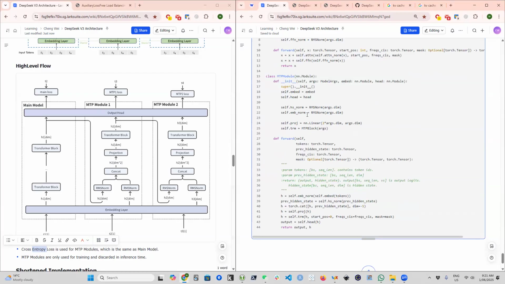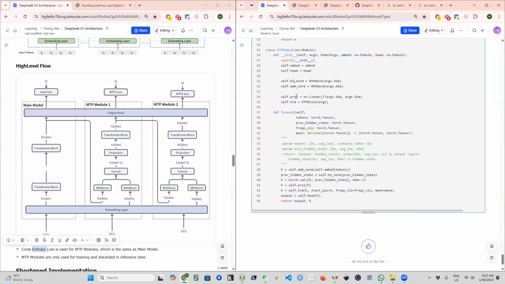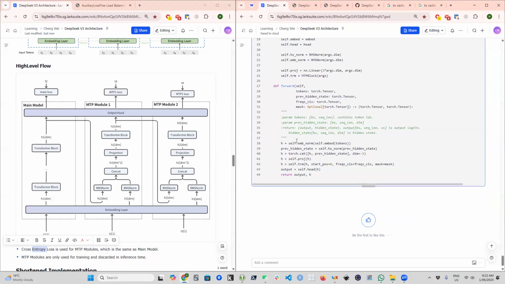Then we add some other things: the norm, the projection, and the transformer block. According to this diagram, this is the current token, the T2 part, and this other part is coming from the previous hidden state.